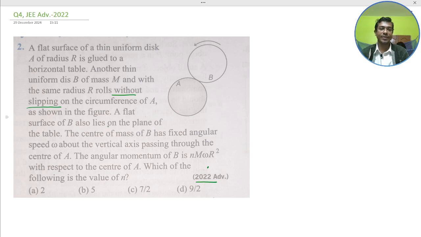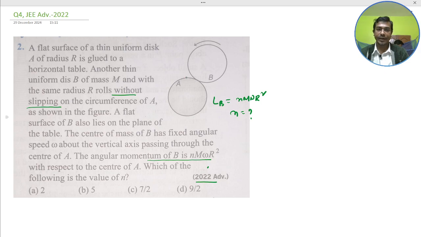A flat surface of B also lies on the plane of the table. Center of mass of B has fixed angular speed omega about the center of A. The angular momentum of B, basically L B, is given as n m omega r square. You have to find the value of n.